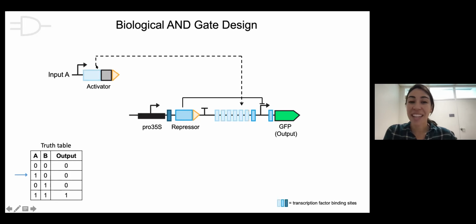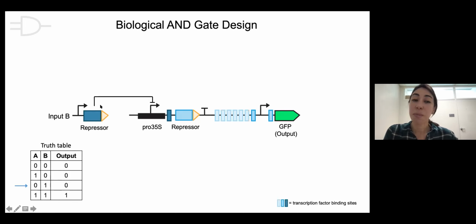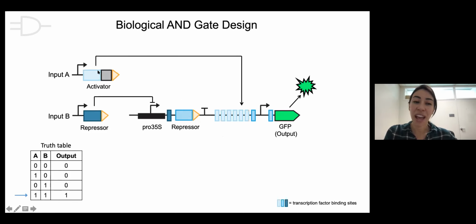So our input A is an activator that would turn on expression of our output gene, but this repressor is epistatic to the presence of this activator, so the output is off. Our input B is actually a repressor which turns off expression of the first repressor, but because there's no activator present in the system, this GFP output is still off.